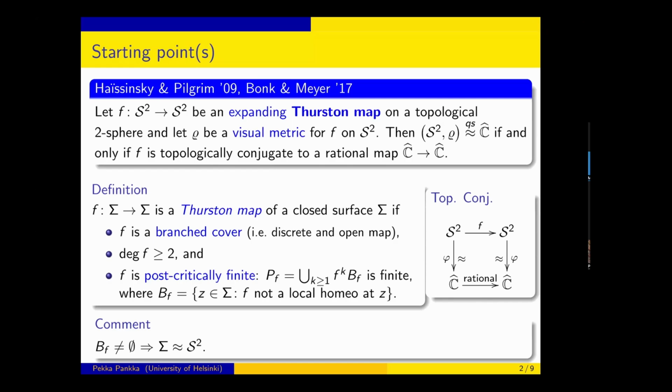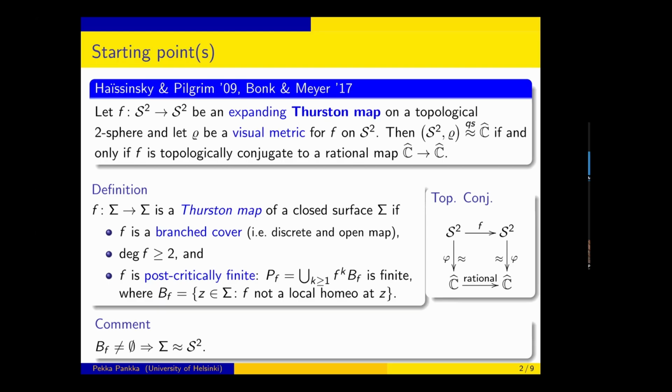It starts with an expanding Thurston map on a topological two-sphere, and then you make a visual metric for the Thurston map, and it turns out that the visual sphere is quasisymmetric to the standard sphere if and only if the map is topologically conjugate to a rational map. So the topological conjugation is here on the right side of the slide diagram, meaning that you can reparameterize the metric sphere and get a rational map on the Riemann sphere.